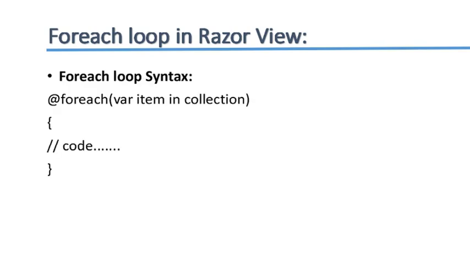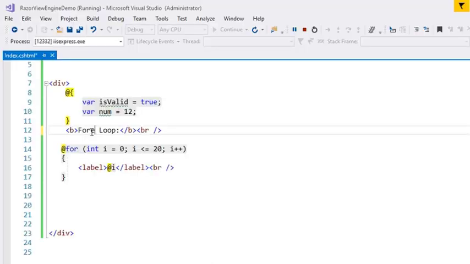So the syntax for foreach loop is @foreach (var item in collection), curly brackets open and close. So the foreach loop always works on a collection. So how to use the foreach loop in Razor Web Engine? We can go programmatically and understand in more detail. Flip to Visual Studio.